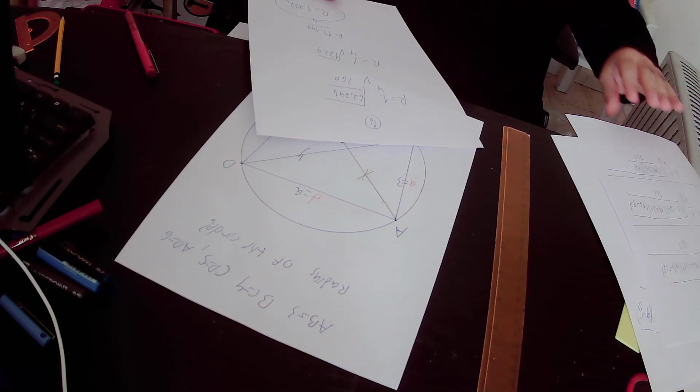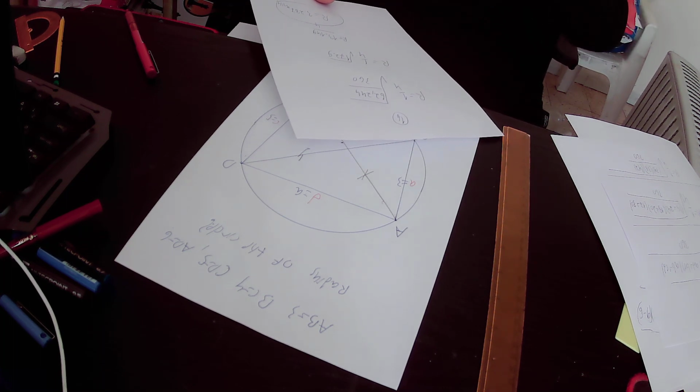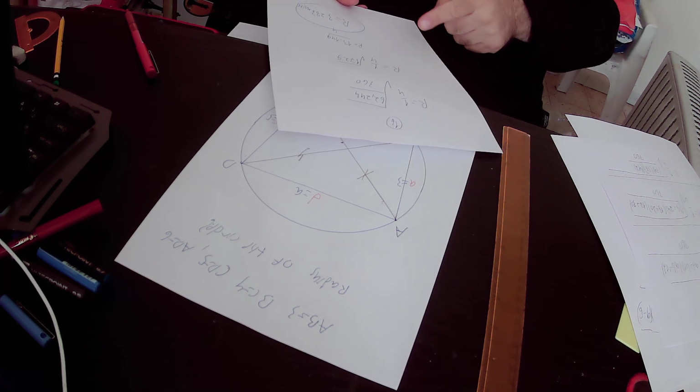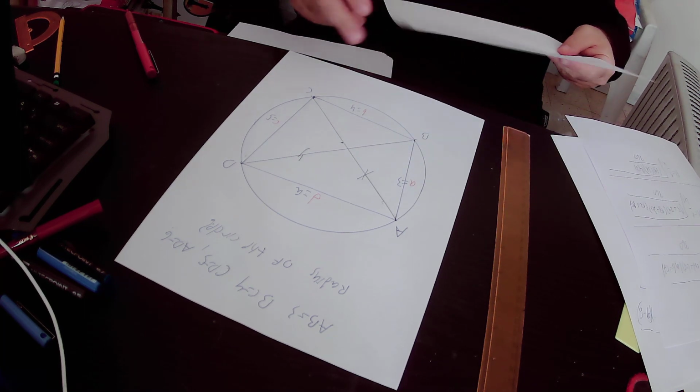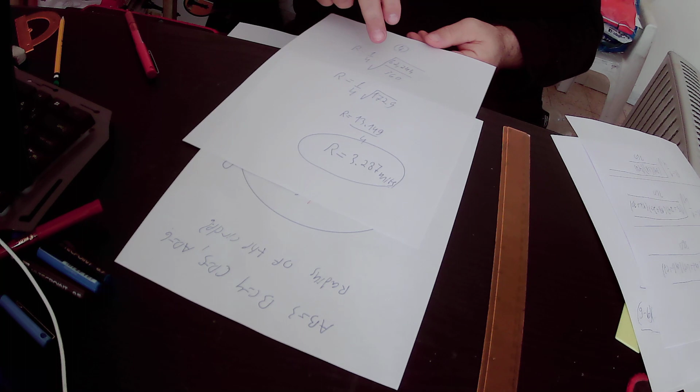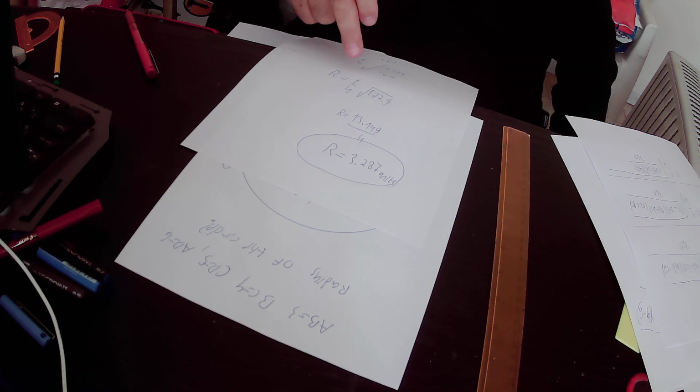Or actually, we can also say that the radius of this circle equals the root of 172.9 over 4 units.